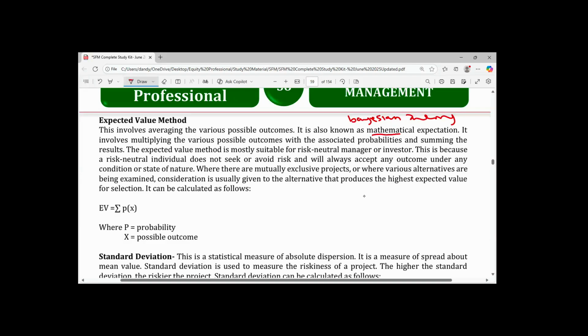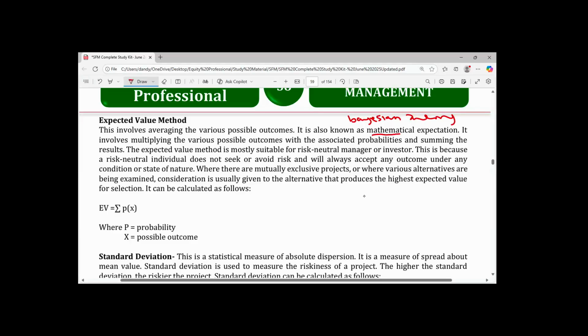Generally, the expected value method is mostly preferred by the risk neutral individual investor, manager, or decision maker, because a risk neutral investor will accept any outcome irrespective of the market condition or the state of nature, either good or bad. A risk neutral will always accept any outcome under any condition.